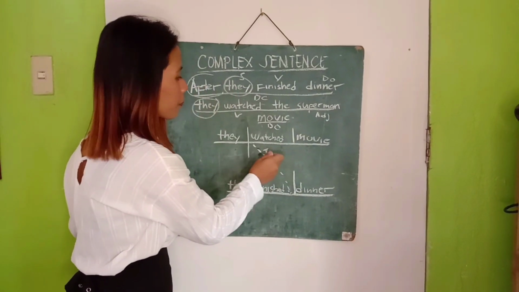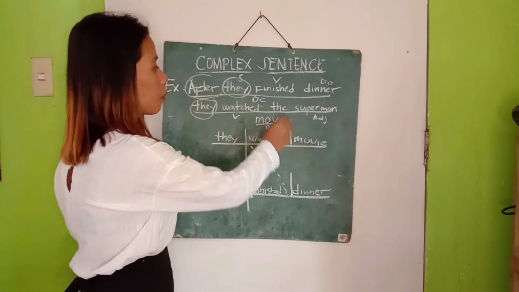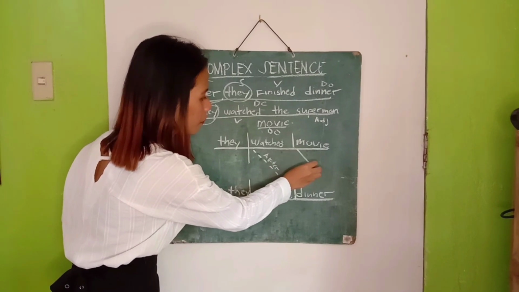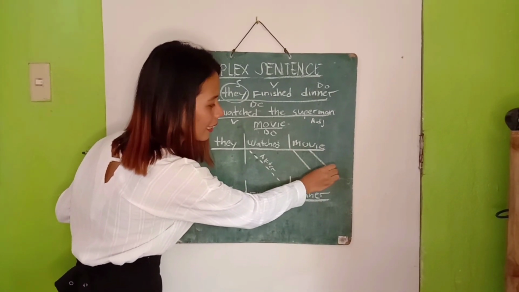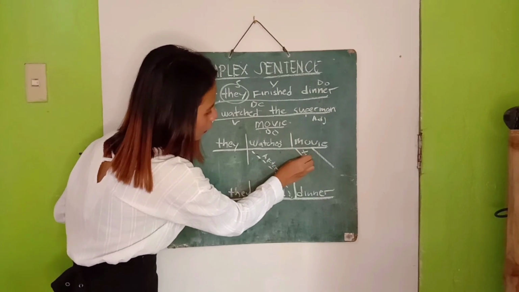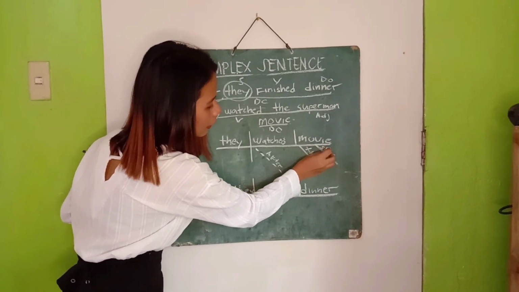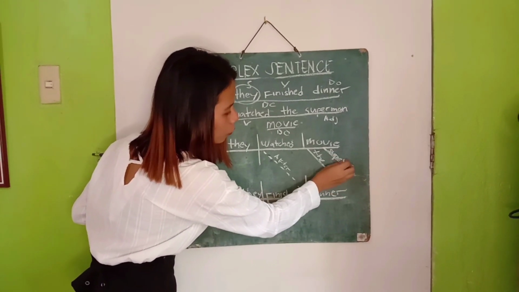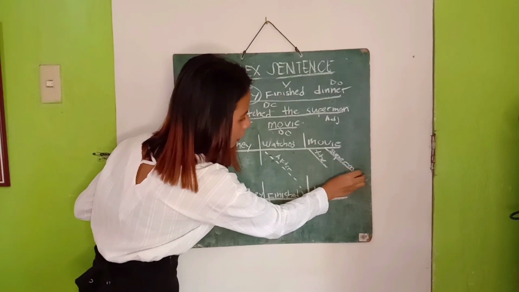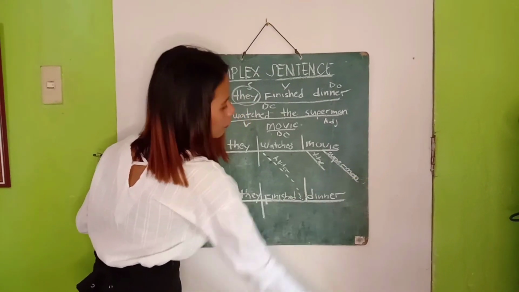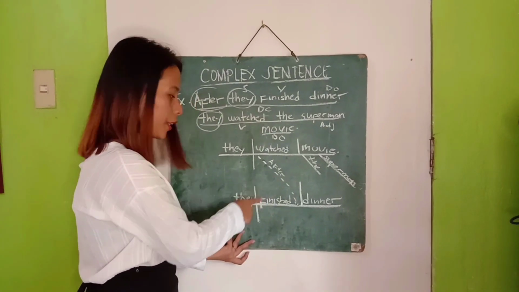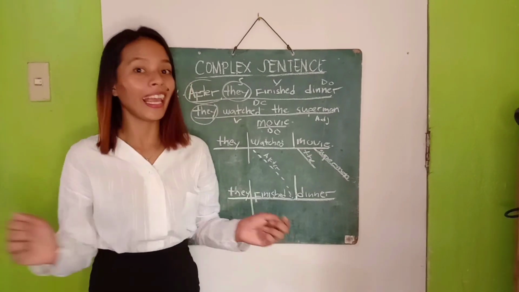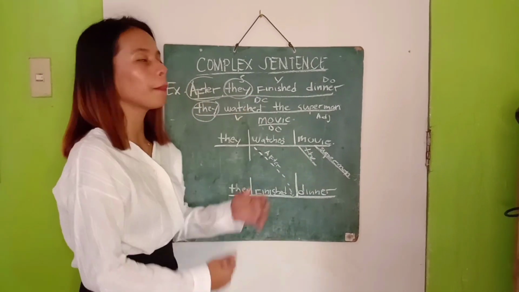And our modifier, which is the and Superman. The is a slanted line, the, and the adjective Superman that describes what movie it is. To read it, after they finished dinner, they watched the Superman movie. And that's how we diagram a complex sentence.